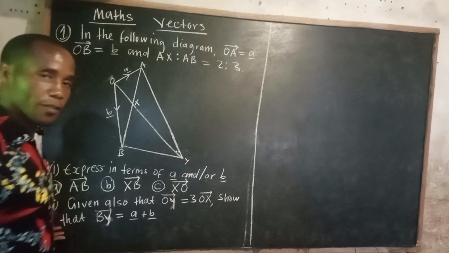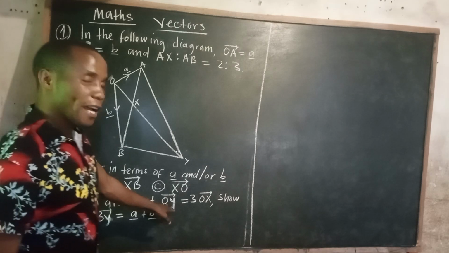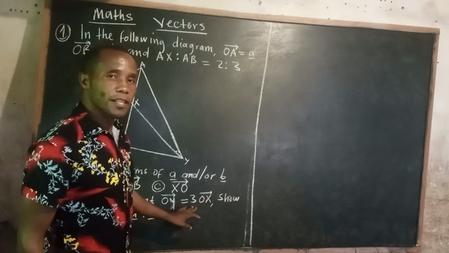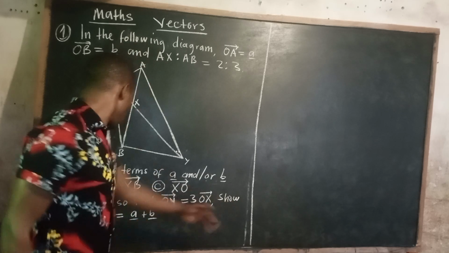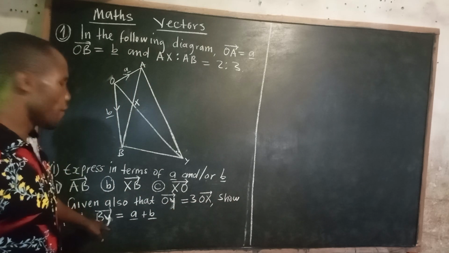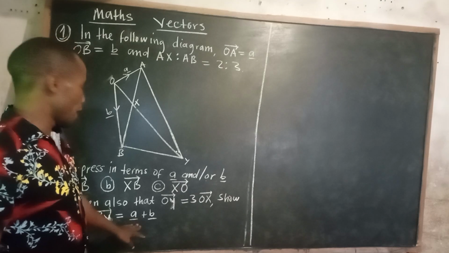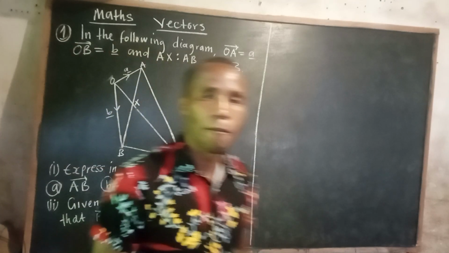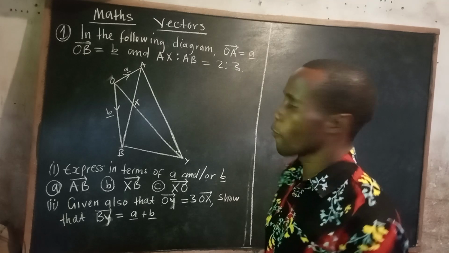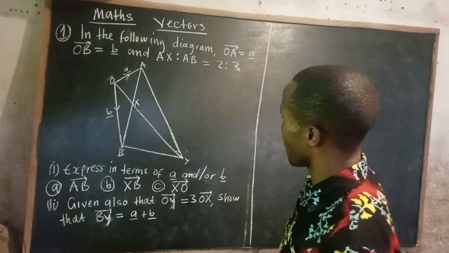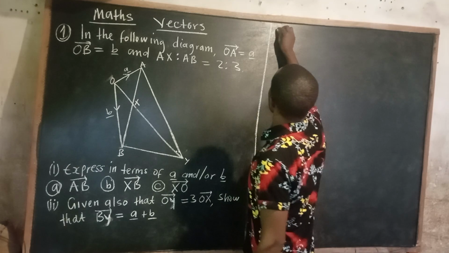Then question 2: given also that vector OY is equal to 3 vector OX, show that vector BY is equal to A vector A plus vector B. So this is the question. Let us see how we can answer this particular question, which is our today's lesson. Solution.